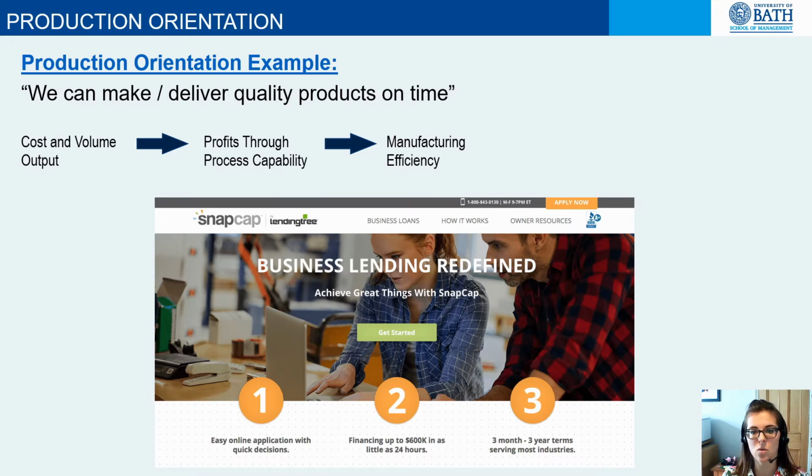A production-orientated organization commonly operates a mass production model, and this streamlines its production process for its product offering. Its orientation approach assumes that customers value price. Okay, that's really key. It's price that's important again. And therefore, it focuses on lowering its production costs to meet such price needs of this consumer base.